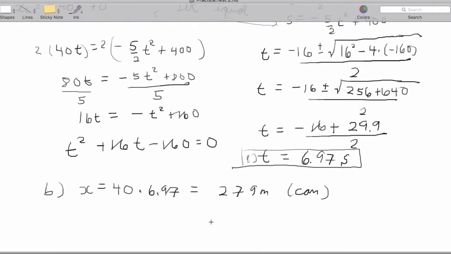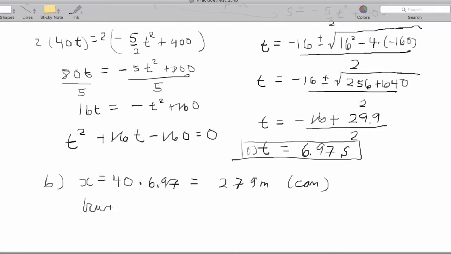And that means for the truck, I could plug it back in the truck equation, but instead I'll just say 400 minus 279. And that's going to give me 121 meters for the truck. If you actually plug the number in for the truck, I think you'll also get 279 because this is really a position value. So in other words, the truck will end up at the same position of the 279 meter mark, having traveled 121 meters to get there.